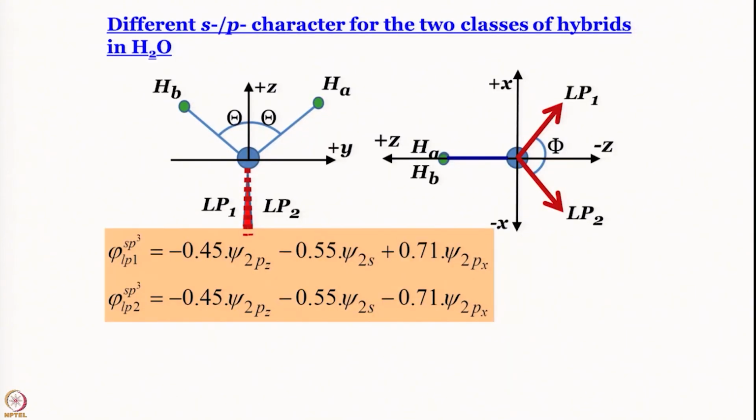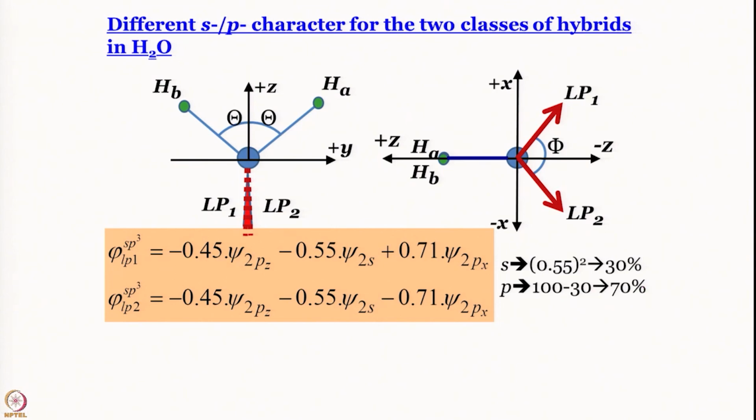But to end this discussion, what we observe is that in these hybrid orbitals used to accommodate the lone pair, your S character is 30%, P character is 70%.